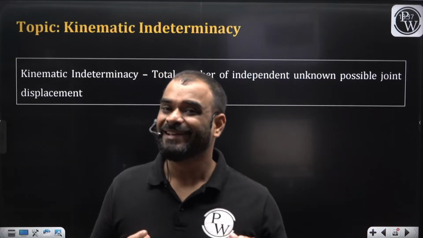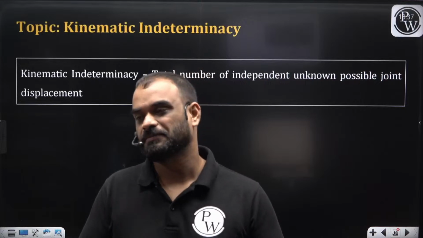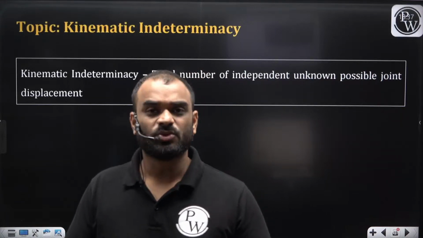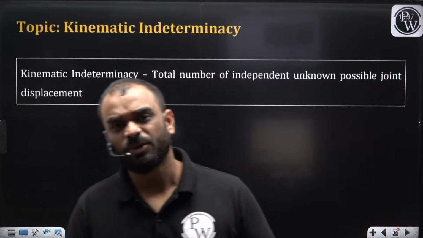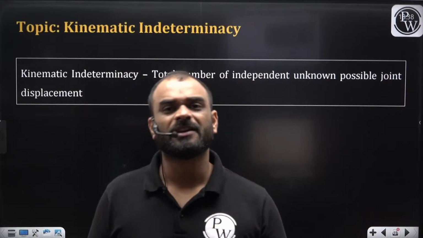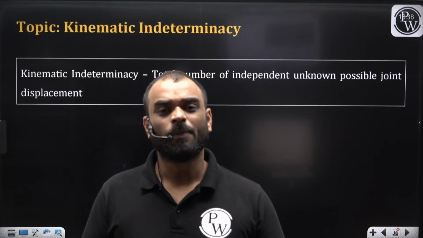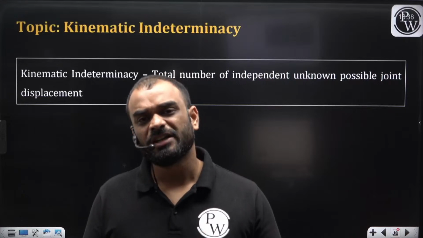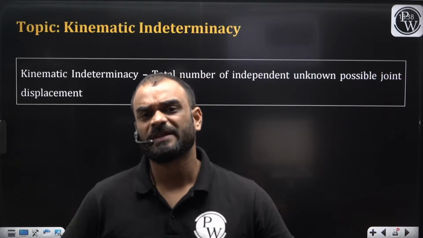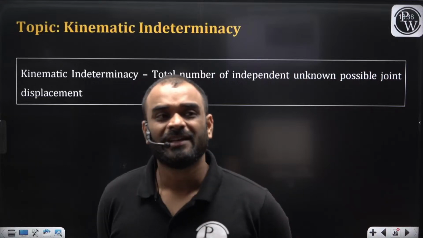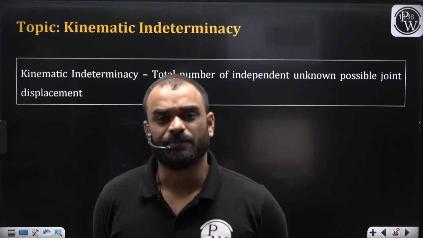But if we specify it as related to the reaction part, or as per the slope and deflection values, the joint displacement values, we have two types of indeterminacy: one is static and the second one is kinematic indeterminacy.